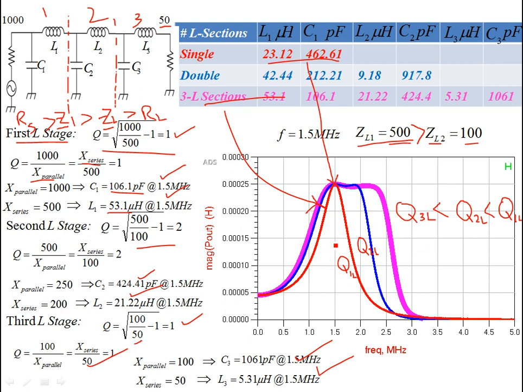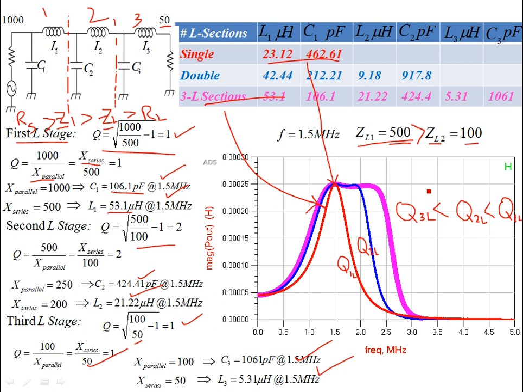So if you cascade more stages, you are compromising the quality of the match and increasing the bandwidth of the match, because more stages are loading the first stage. Due to this loading, the quality factor drops.